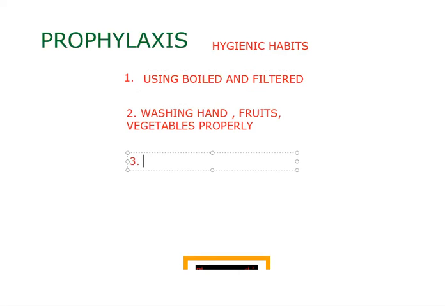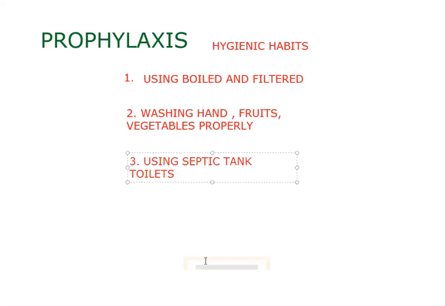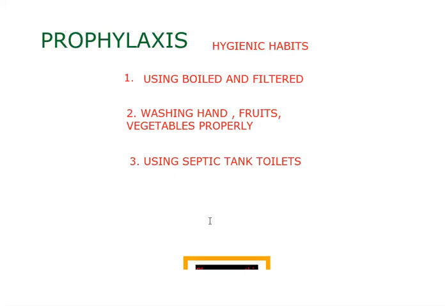That is one of the reasons why it comes more to children. Use septic tank toilets. Simply what I'm saying is, like the care we take for Entamoeba, maintenance of hygienic conditions, covering the food, because houseflies and cockroaches spread these diseases as mechanical vectors. By maintaining hygienic habits, we can prevent Entamoeba histolytica, and we can prevent Ascaris lumbricoides.